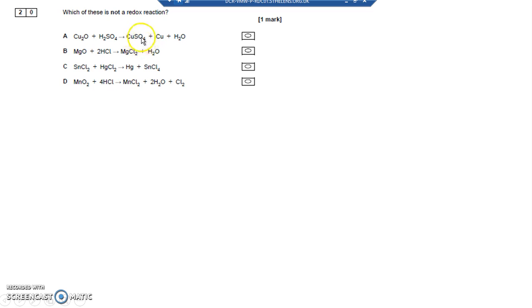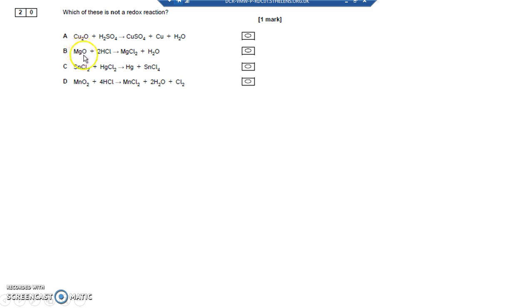+6 minus 8 leaves -2 from the S and the 4 O's, -2 from the sulfate. You might know that the sulfate ion is SO4 2-. So the copper must be in +2. It's gone from +1 up to +2. It's been oxidized. There must be some reduction as well, but I've found evidence of oxidation or reduction in A. So let's see in B. MgO.